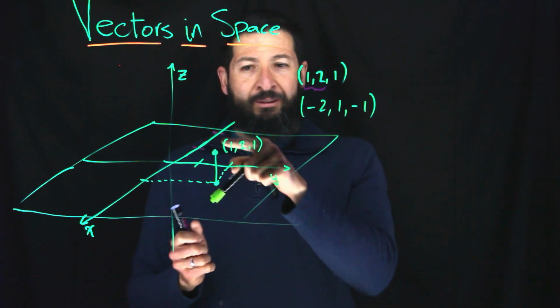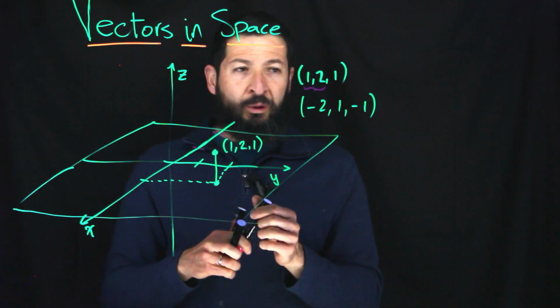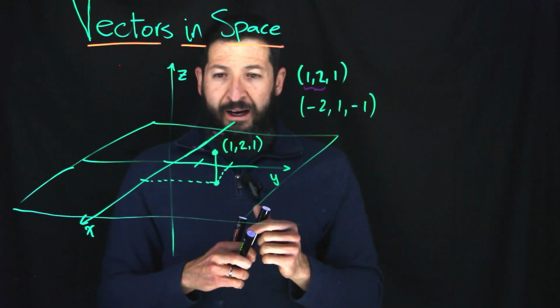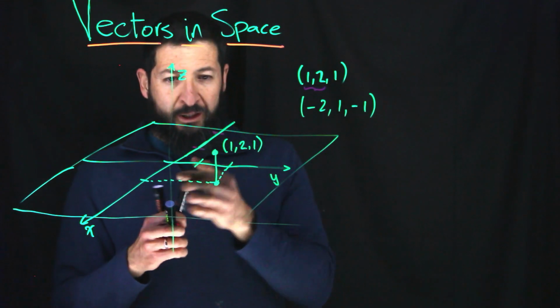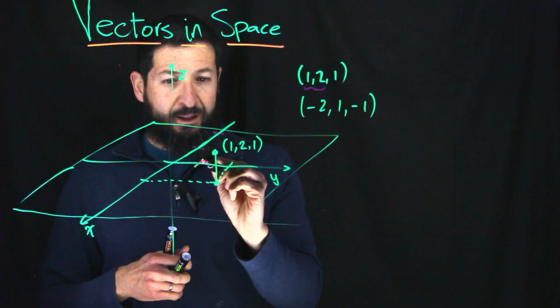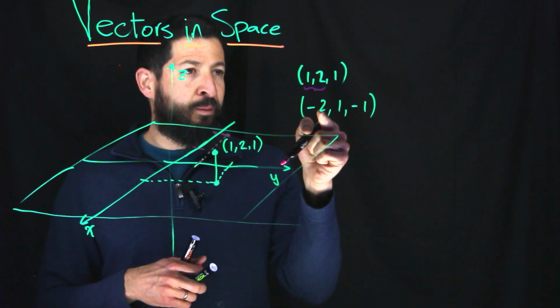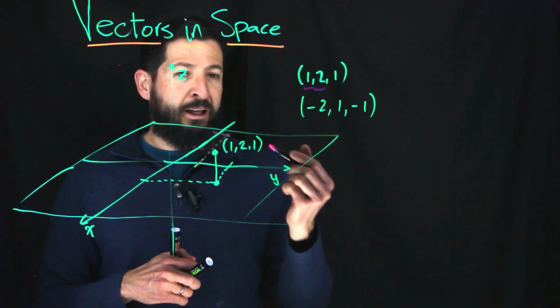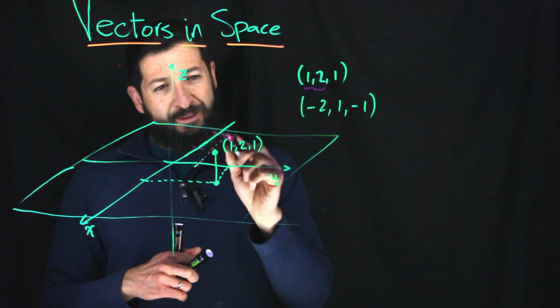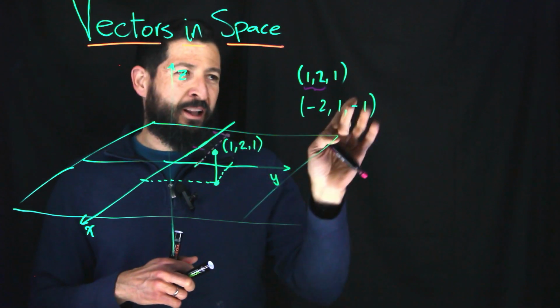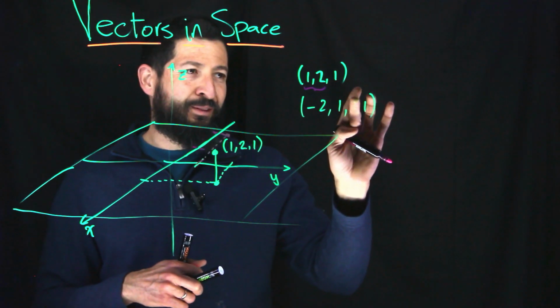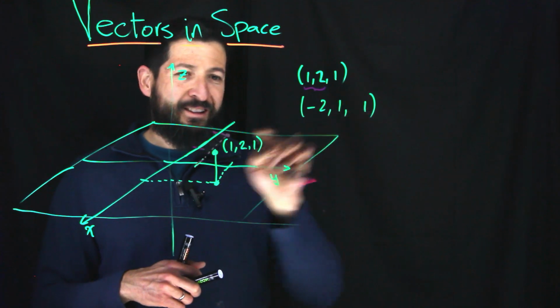So it's going to be my negative 2. Then I'm going to do 1 to the right. That's going to be my negative 2, 1. And then I'm going to do 1 down. Very unfortunate positioning. Let me make it positive, because if I go down, it's going to get down here.